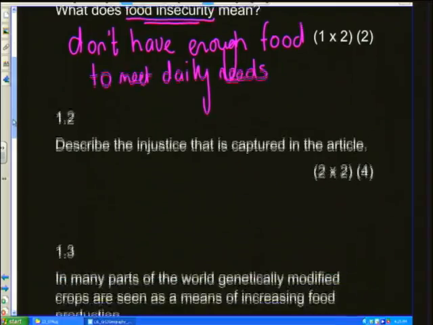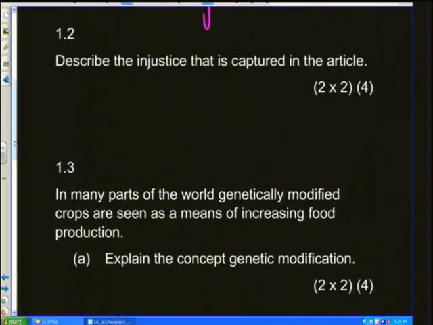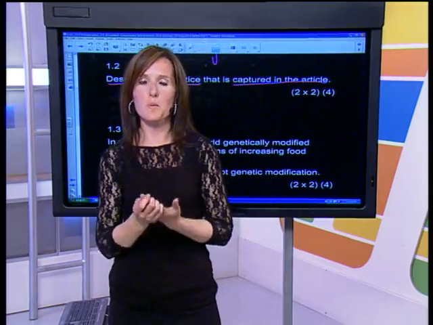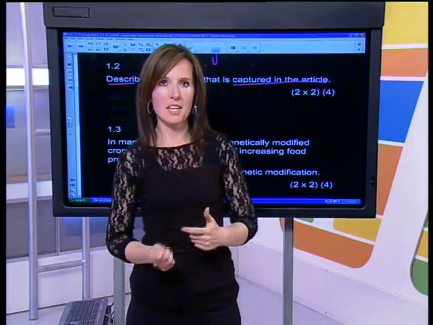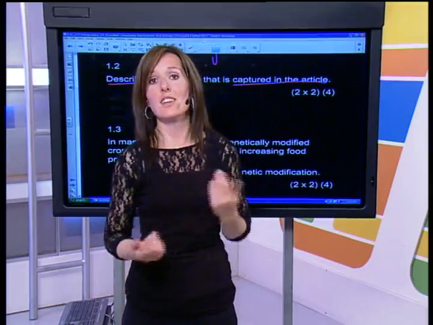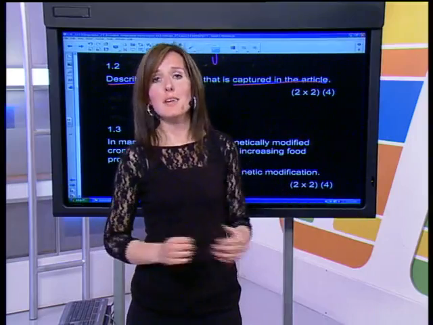Let's move on to the next question, 1.2. Describe the injustice that is captured in the article. Now there's a few things going on there. They were speaking about illegal chemicals, illegal growth hormones that they're putting in these watermelons. Now that can have adverse effects on our health. And some of our consumers don't even know that they're consuming all these extra chemicals and hormones. They're illegal chemicals as well.